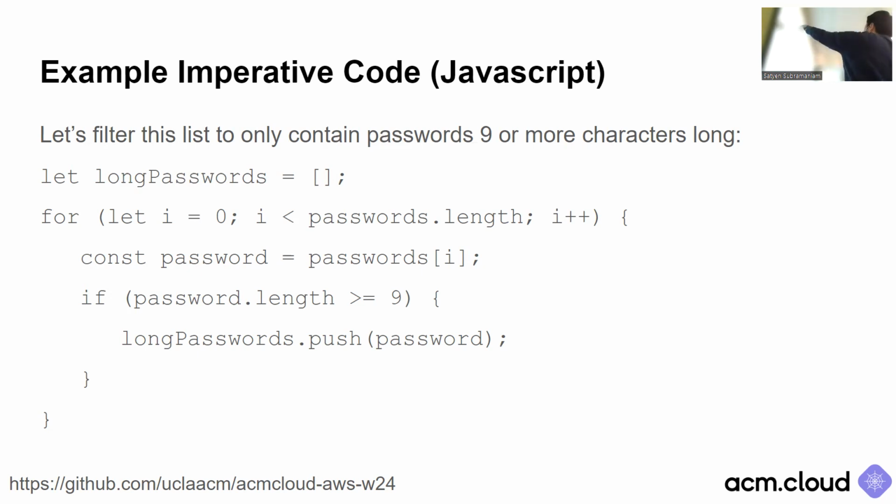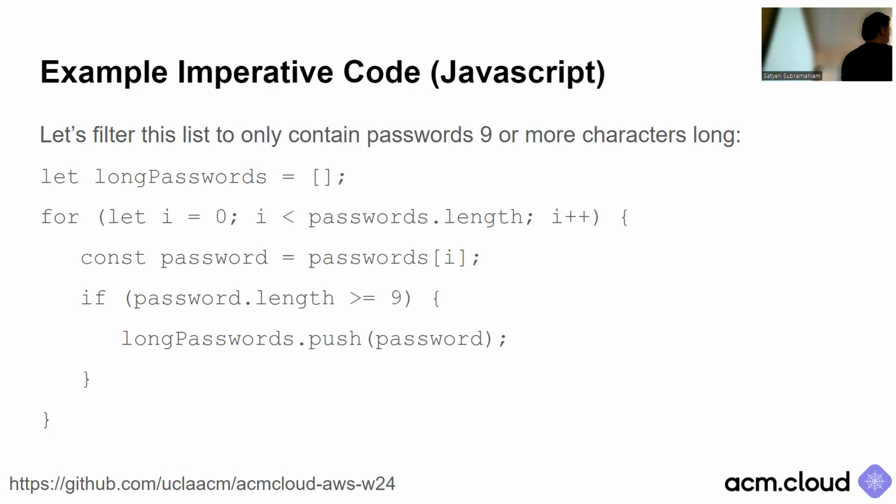And then here's a for loop, and we're defining an integer named i starting with 0. i has to be less than passwords.length, so we're looping through all the passwords. i++ increases i by 1 for every iteration. Here we grab the current password we're on in our passwords array, and if that password has a length greater than or equal to 9, let's add it to our new long passwords list.